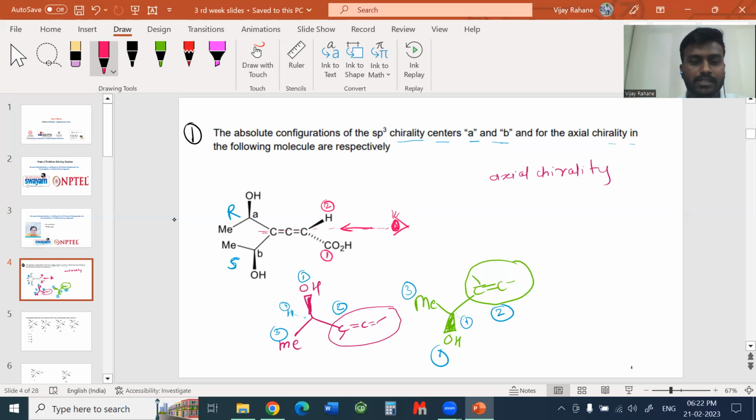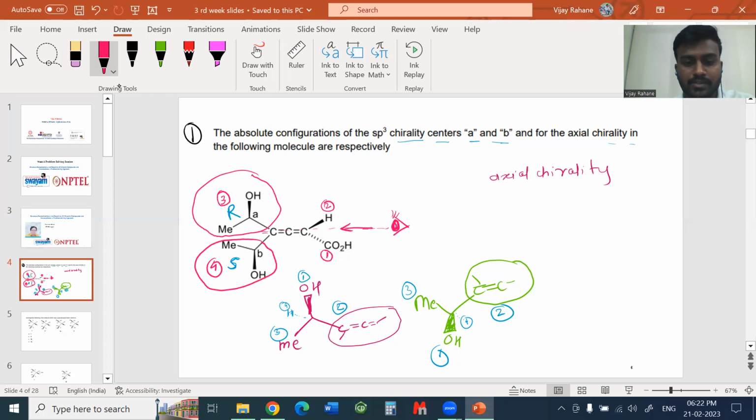Similarly, in this one, it has R, it has S, so R precedes S. This one is away from the viewer, so it has third, and this entire group has the fourth. I'm talking about this entire group, and here also, this complete group. These are the four groups, right?